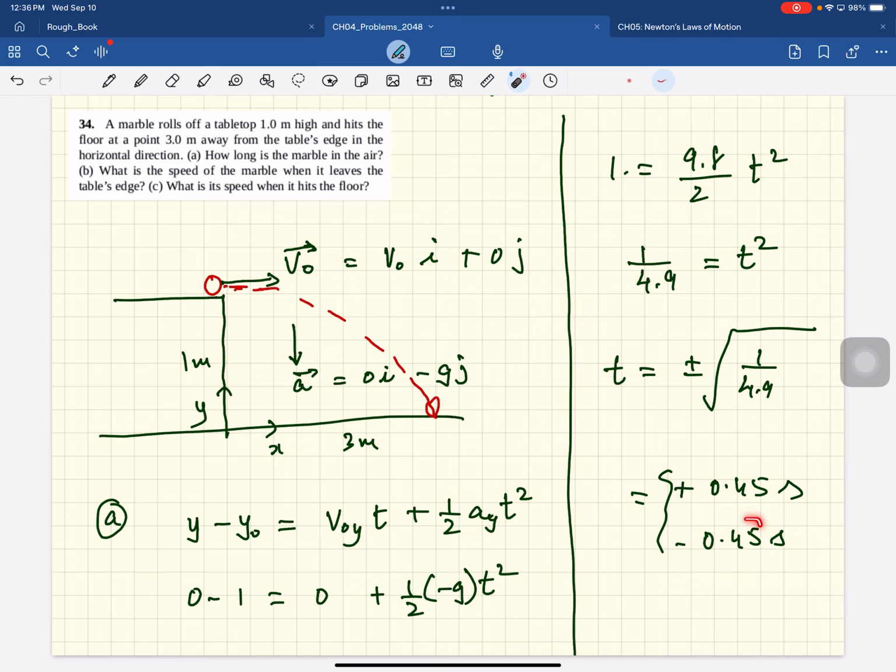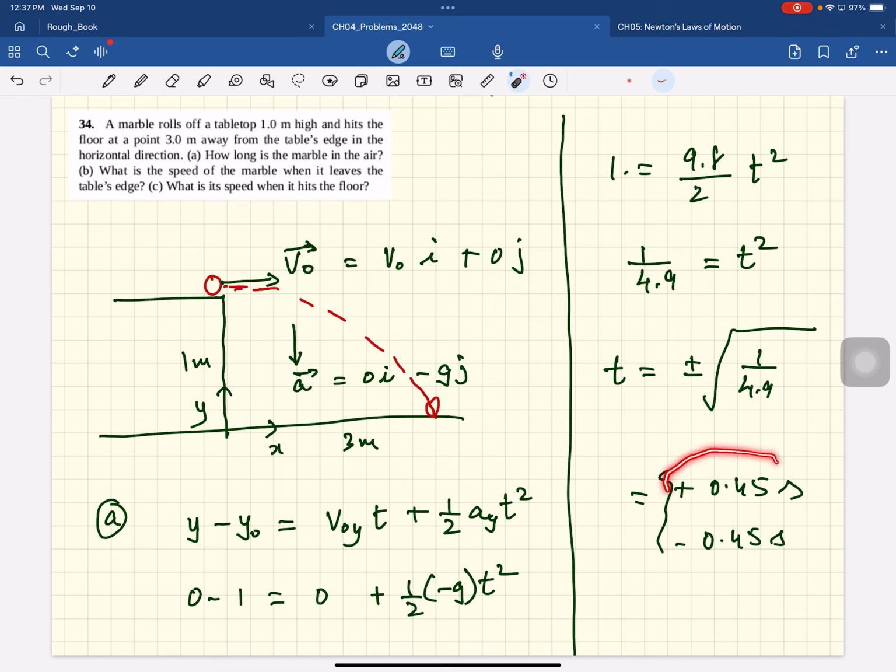What is the negative solution? It would be beforehand. Right. If you had thrown it from the ground level at the right speed, it would have started off at minus 0.45 seconds. That's what the solution is. That's where y is also 0. So that was the other solution.